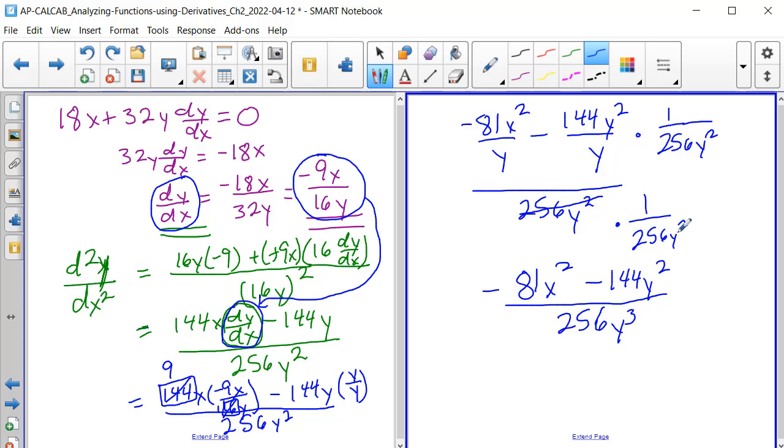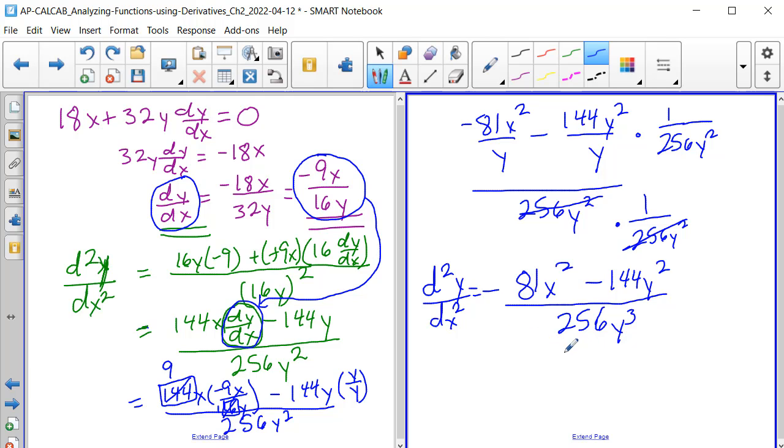And that happened because these terms canceled out in this bottom denominator. And then when we combine these two together, we have a y, and then times 256 times y squared gives us 256 y to the third. So this is our second derivative of y with respect to x.